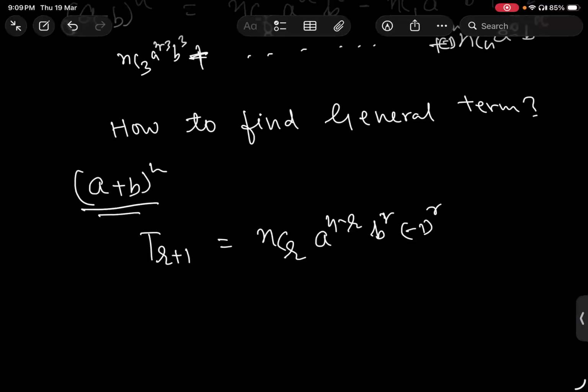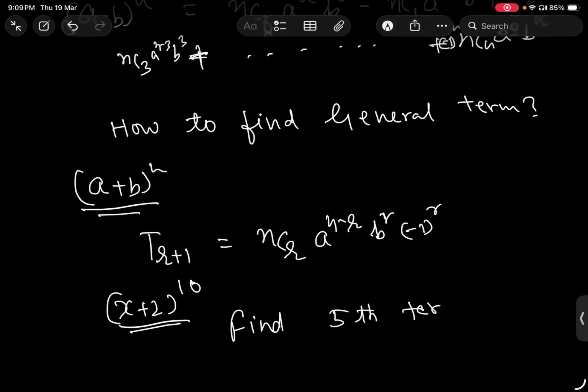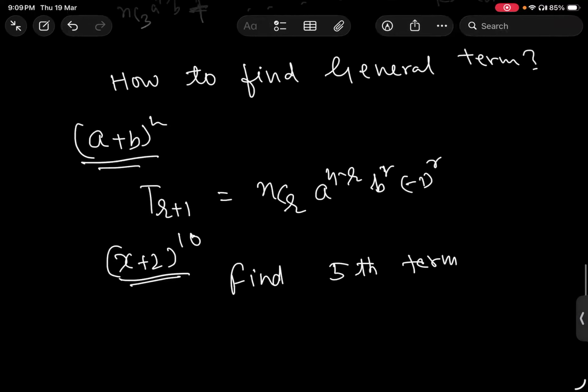Now let us take an example. Suppose we have to expand (x + 2)^10 and we need to find, let's say, the fifth term or sixth term, whatever.